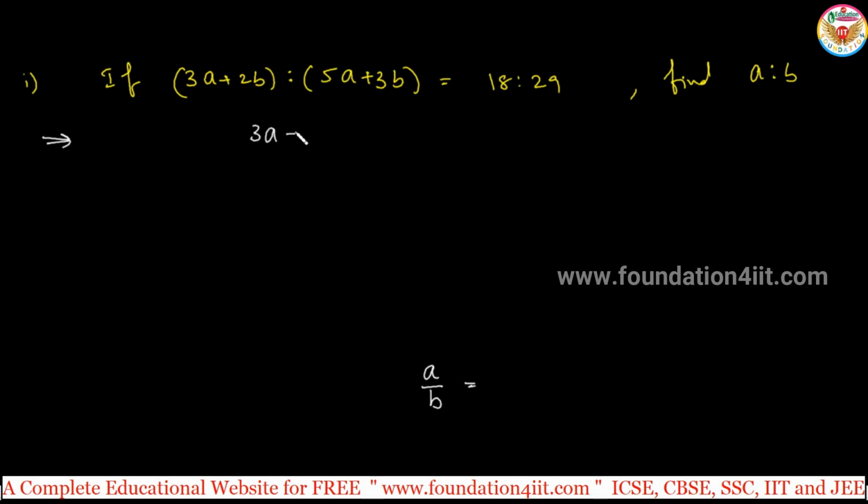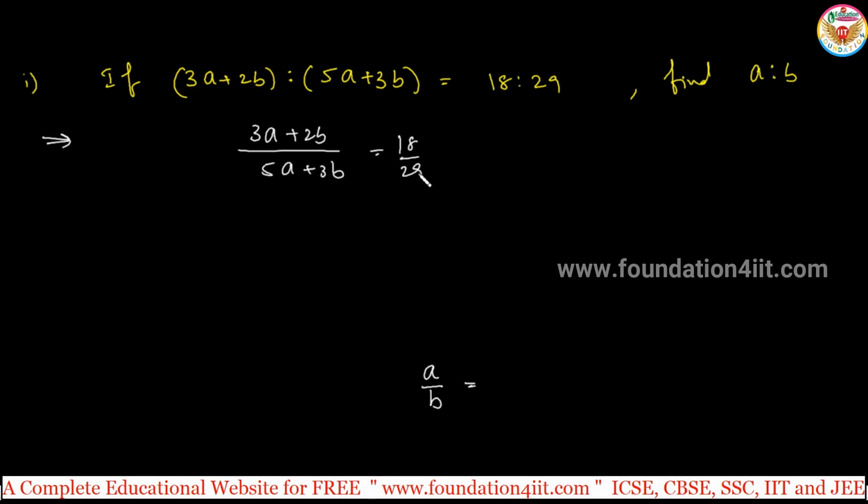So here 3a plus 2b by 5a plus 3b is equal to 18 divided by 29. Two methods. One is just cross multiplication. You can cross multiply the first fraction's numerator into the second fraction's denominator.